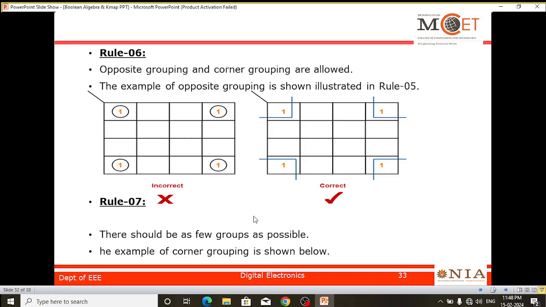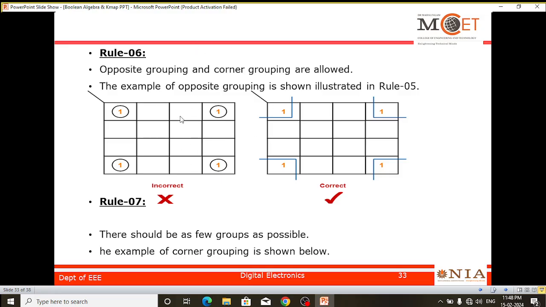Then rule 6: opposite grouping and corner grouping are allowed. That is the example. This is one important rule for K-map simplification. What is opposite grouping? That is folding type.